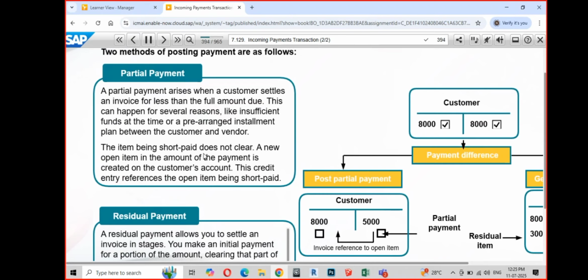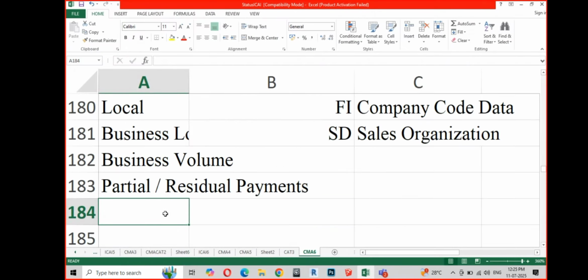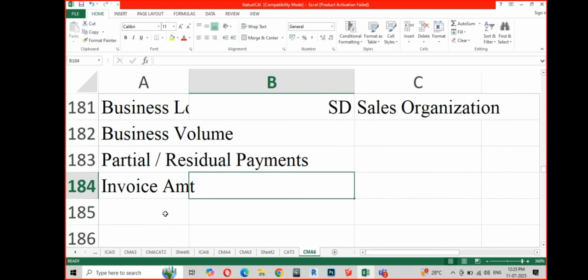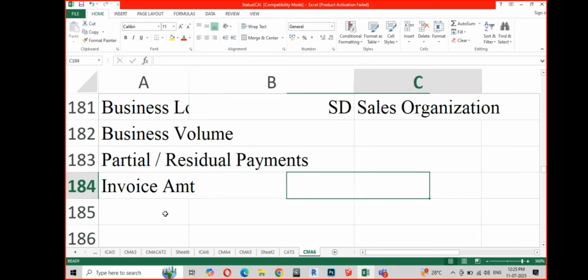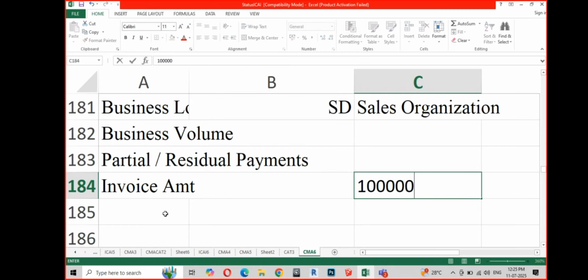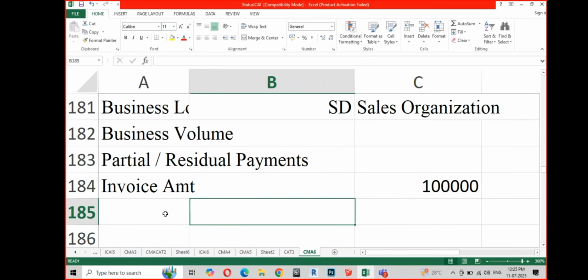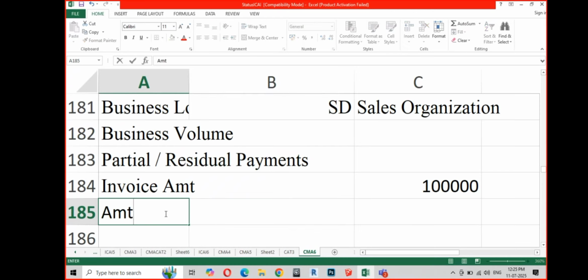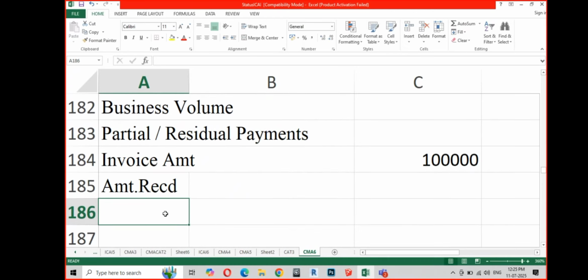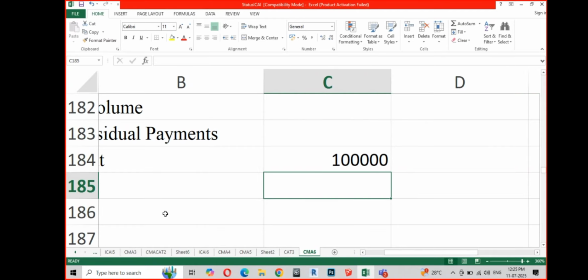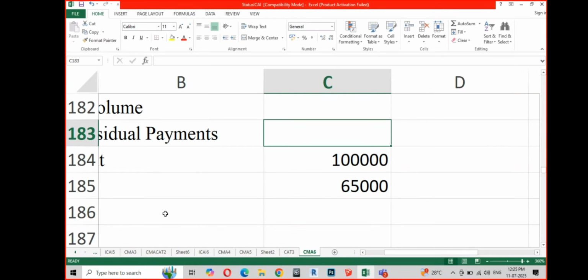Clear? Now, suppose you have a 1 lakh invoice. Amount received is say 65,000. So what is this? Amount paid or received, whatever.